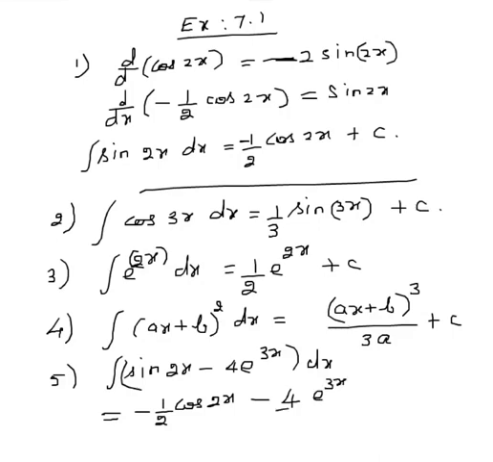E power 3x divided by 3 and plus c. For example, if you have e power x square, the integral of e power x formula is not applicable because we have a quadratic function here. Only for linear functions are the formulae applicable.